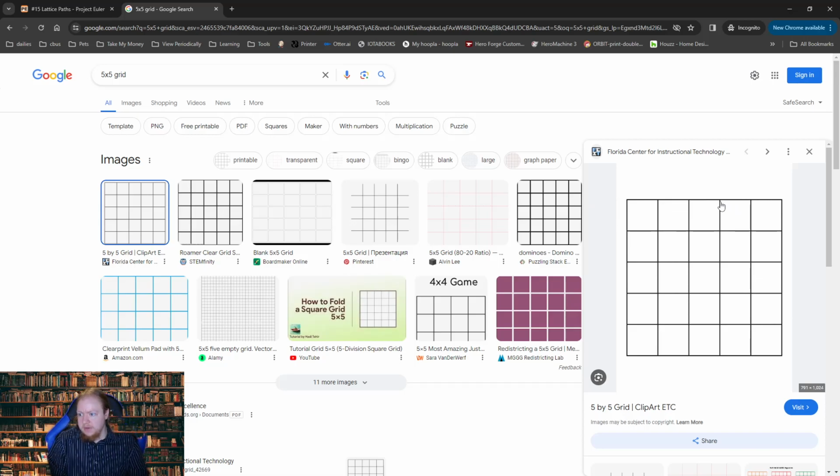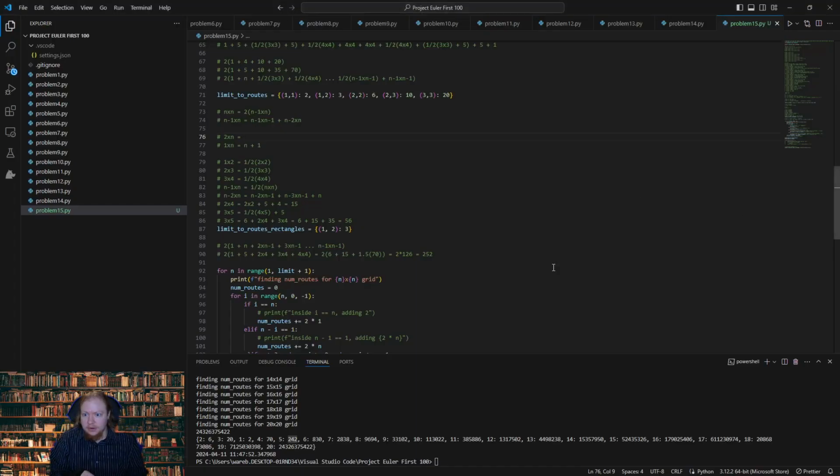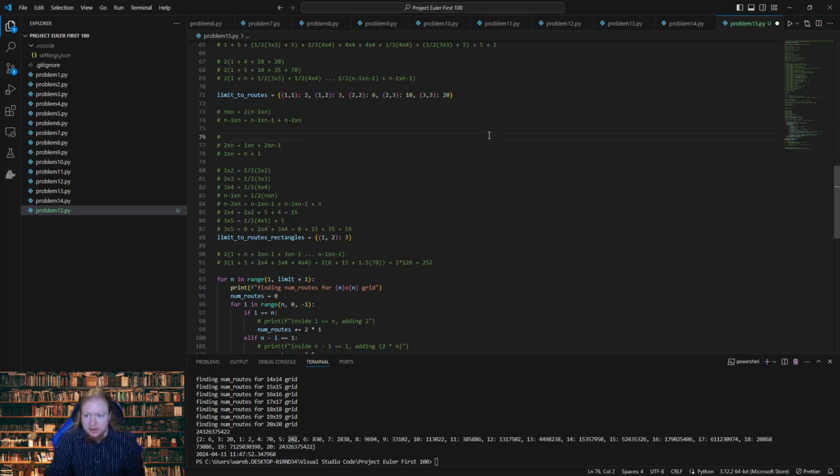So 2 by 5 is equal to a 1 by 5 plus a 2 by 4. Plus 2 by n minus 1. Okay. Let's think about a 3 by n.